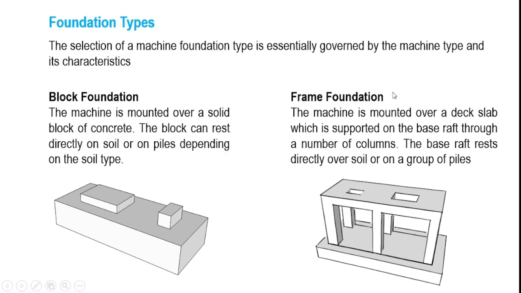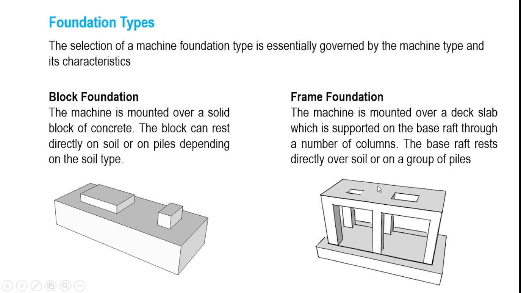Then the next one is the frame foundation. As the name suggests, the foundation consists of a set of frames. You know what a frame is. And as you can see, here is a sketch of a frame foundation. Here the machine is directly supported over a deck slab, and this deck slab, in my experience, could be of a thickness of 1 to 1.5 meters, so thick.